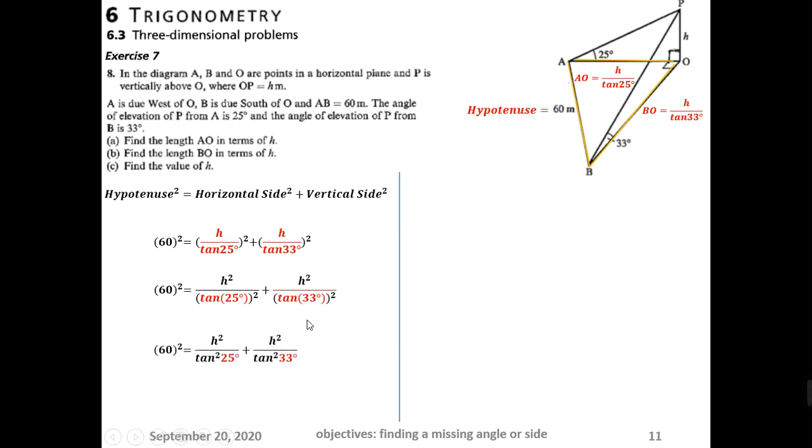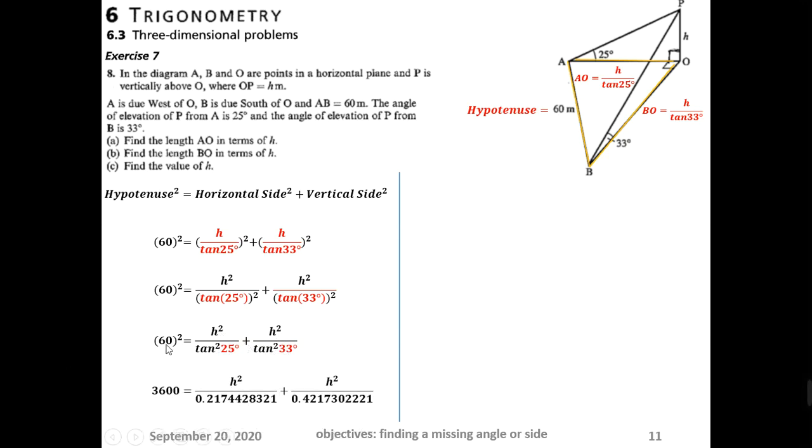Another way to write it, just so that you are familiar, is 60 to the power of 2 is equal to h squared over tan squared of 25 plus h squared over tan squared of 33.